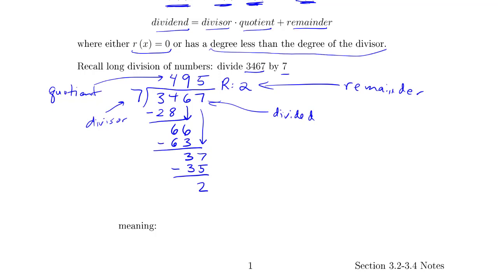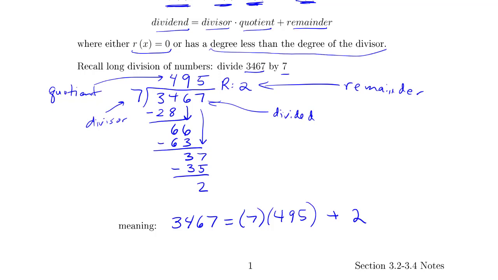Let's see what we really mean by what we've just done. We've shown that 3,467 can be expressed as 7, the divisor, times 495, the quotient, plus the remainder of 2.